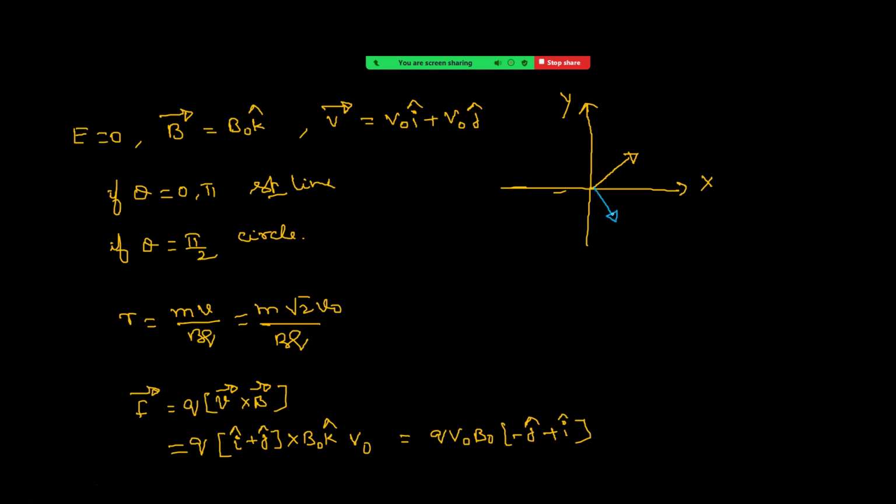It has a component along the positive x axis and negative y axis, that is what we see here, minus j cap plus i cap. That means the path will be a circle which is confined to the xy plane. It will be like this.